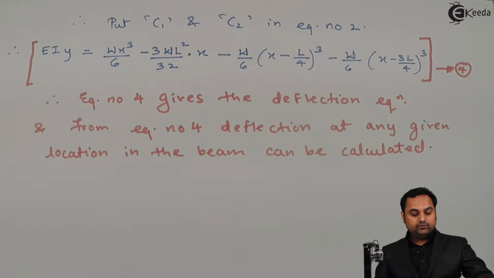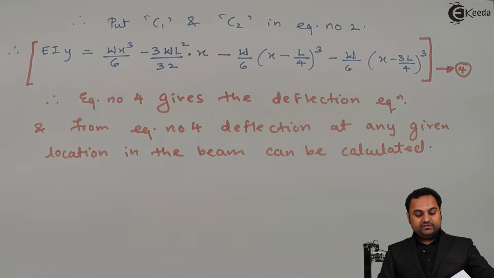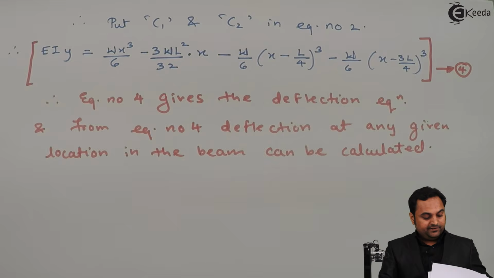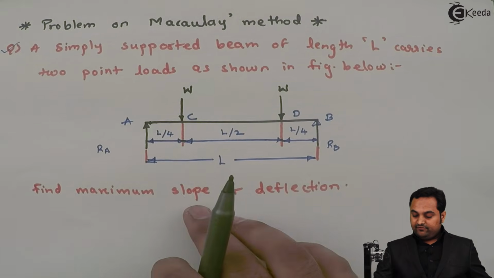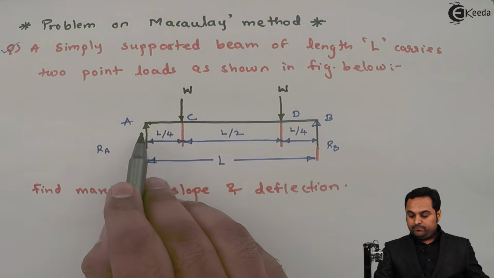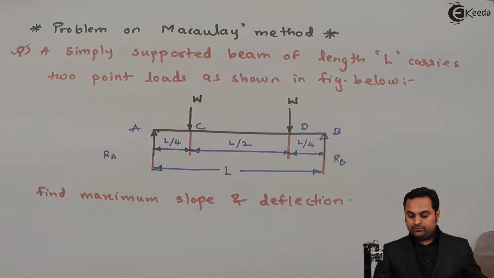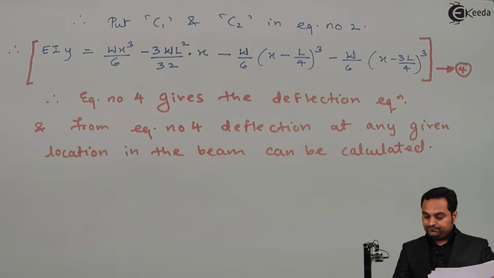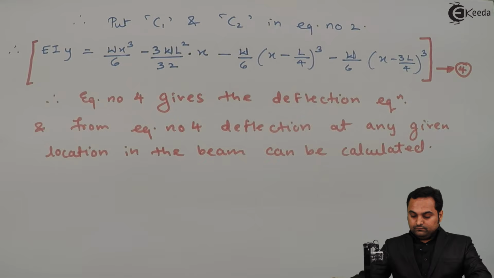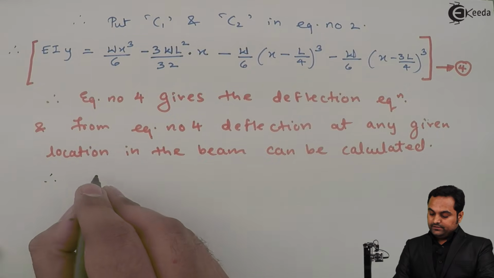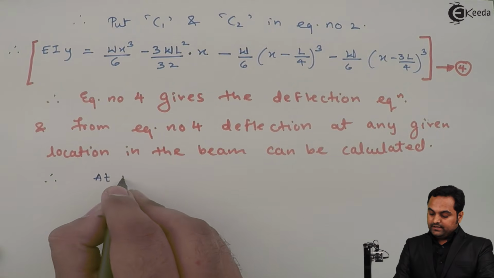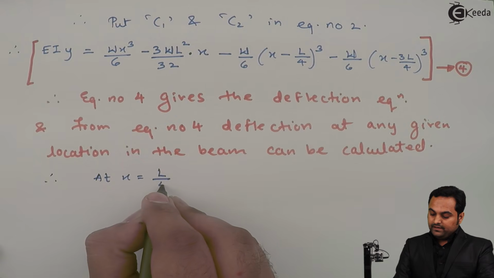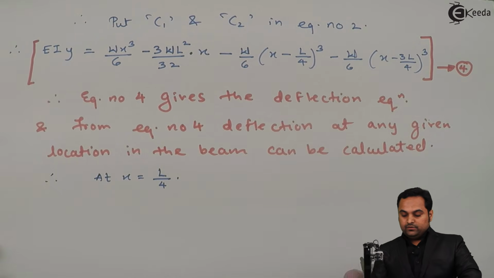Now first I'll calculate the deflection where the load is acting, that is at L/4 distance, which was clear from the diagram given. So first I'll find the deflection at L/4 because at A and B the deflections are 0. So therefore at x is equal to L/4 distance.